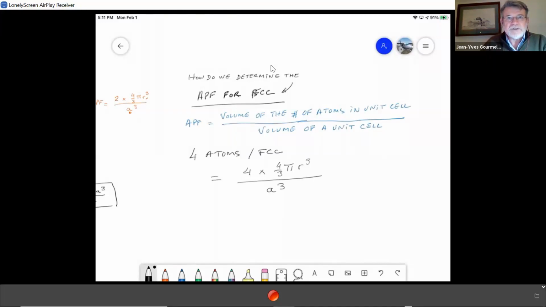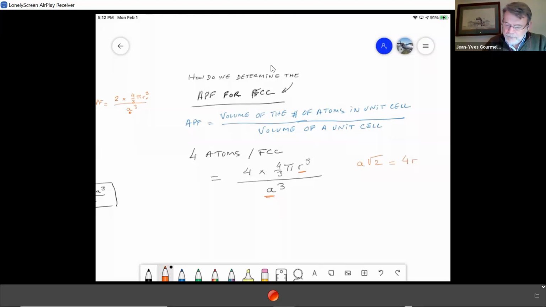Again, we have the same two variables, a and r, that we need to substitute to link. But our substitution now, as we just saw, is a root 2 over 4 for r.